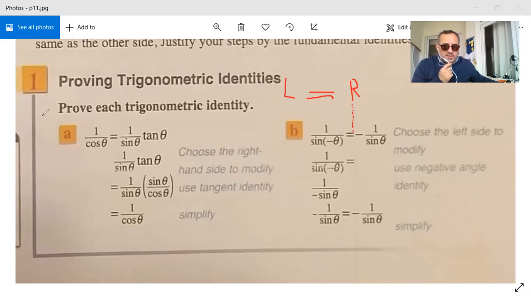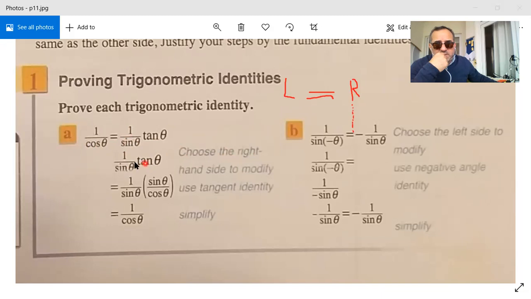Let me prove A now. How can you prove 1 over cosine theta equals 1 over sine theta tan theta? We take the right side. This one is the right side and this is the left side. We choose the right side: 1 over sine theta tan theta.